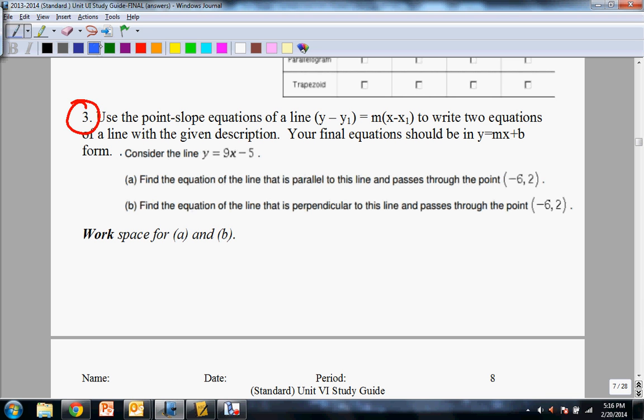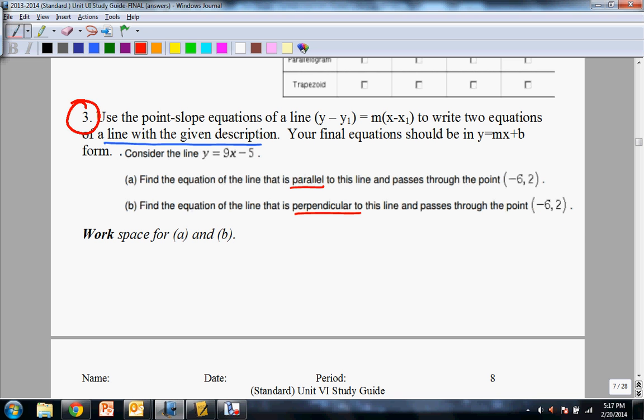So we have given equations, and then we have a mystery line with a given description. Our given line is y equals 9x minus 5. So for A, it says find the equation of a line that is parallel to this line and passes through the point. For B, let's find the equation of a line that is perpendicular and passes through this point.